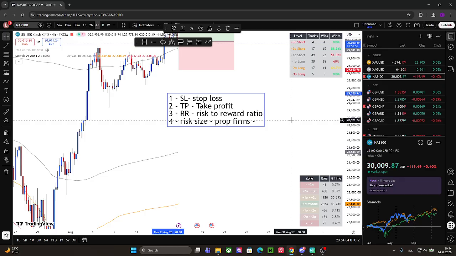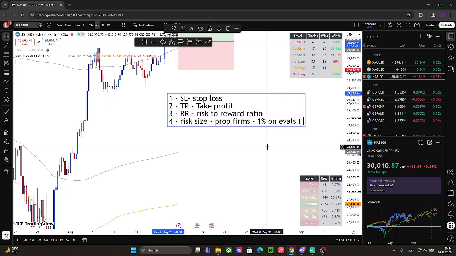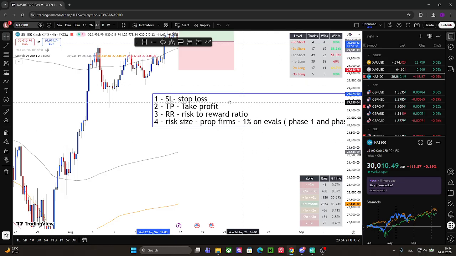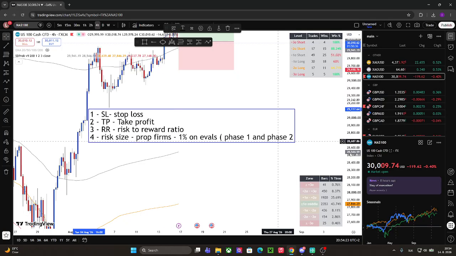This is very, how would I say this, complicated, because there are traders who just want to risk 1% on evals. So phase 1 and phase 2, right? That's basically what you have on evals. So before you are funded.